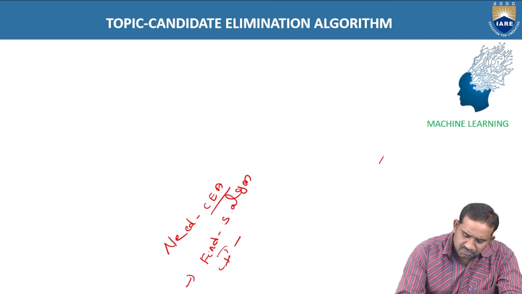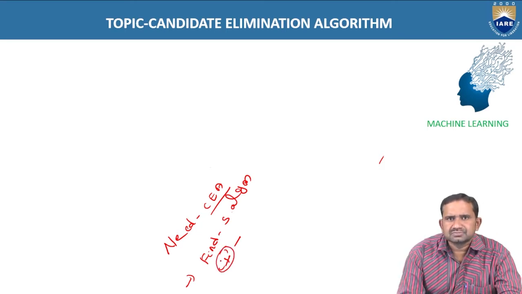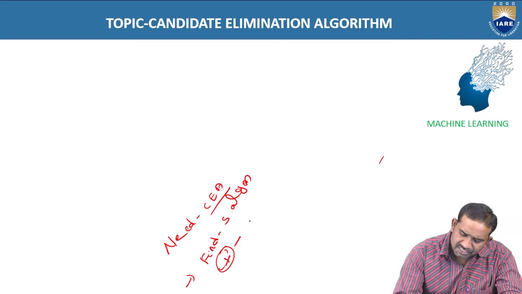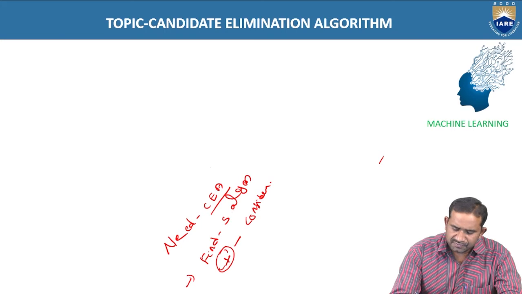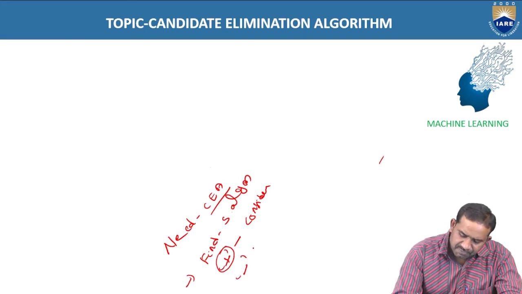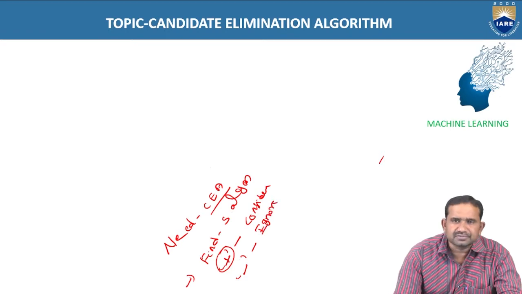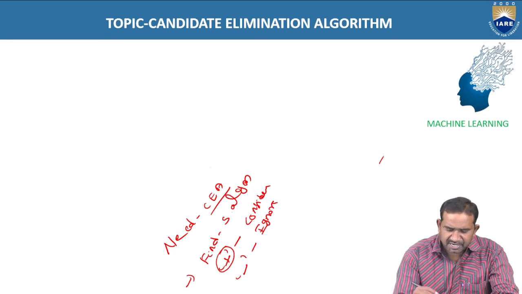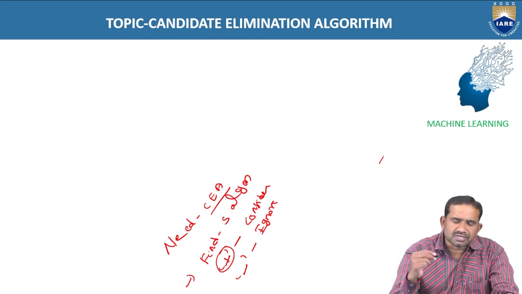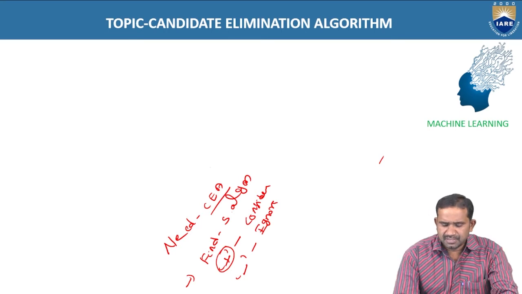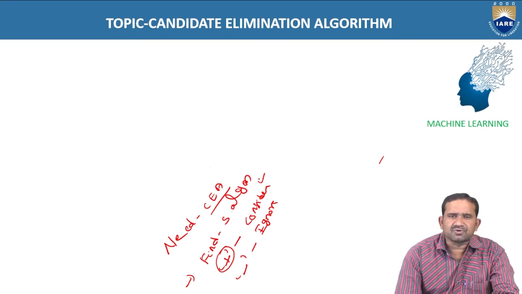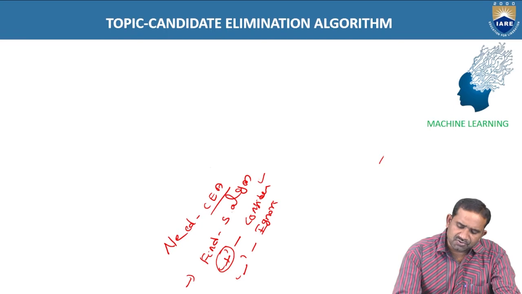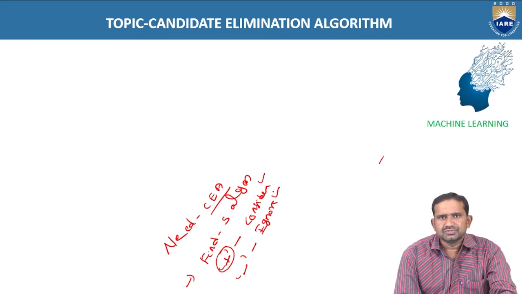If there is any negative training example, we simply ignore it. But in hypothesis analysis, positive examples play a role, and negative examples also play a role.